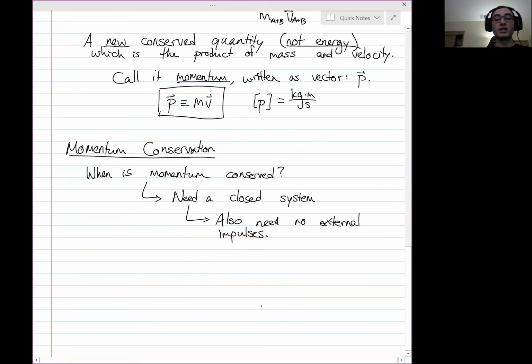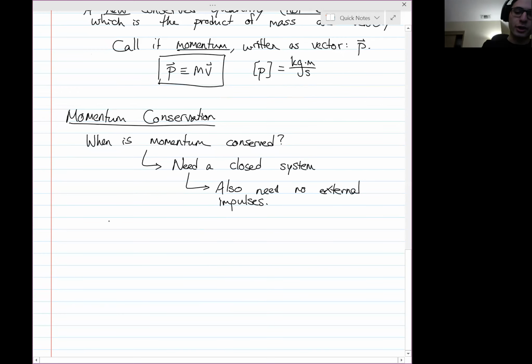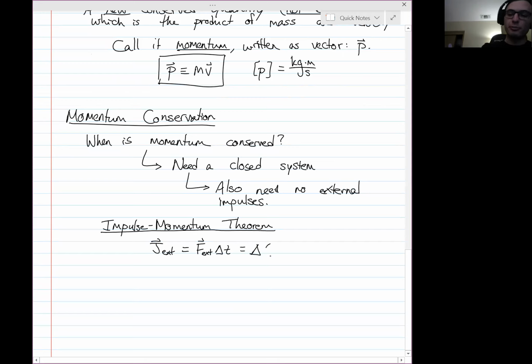I just want to state for you guys the impulse momentum theorem. We had a work energy theorem. The impulse momentum theorem is basically the momentum equivalent, which says that the external impulse J, equal to the external force times delta t, is equal to delta p, the change in momentum, which is just delta mv.